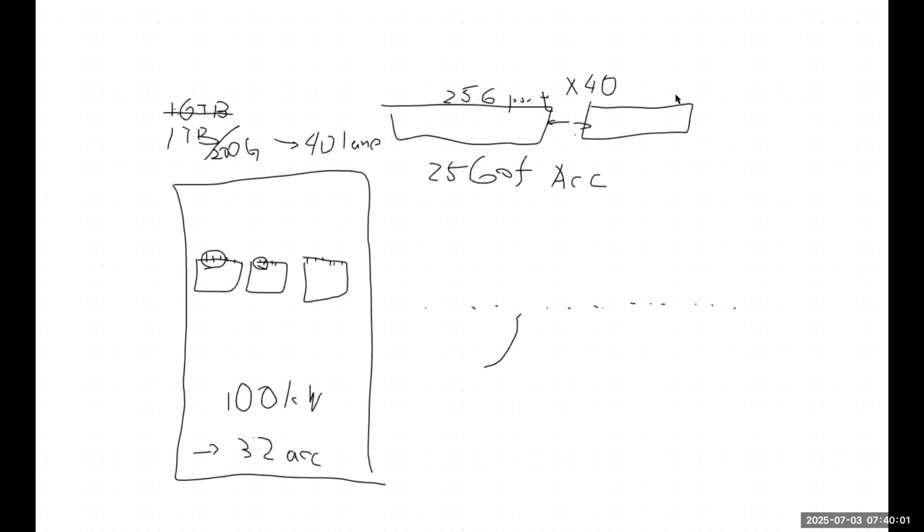And plus you have to put 40 of these switches. So that means you probably end up with something like a switch rack at the center, so that your connection from the switch to each accelerator ends up being the same distance, and the latency can be similar.